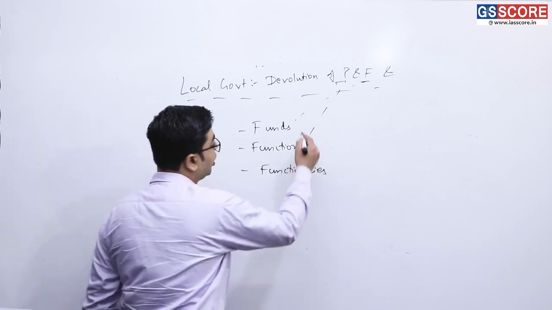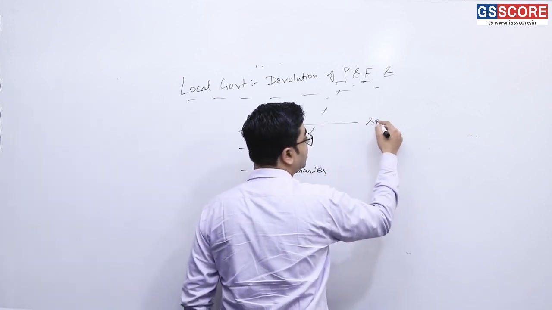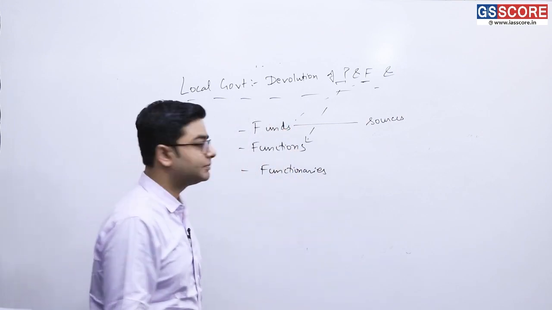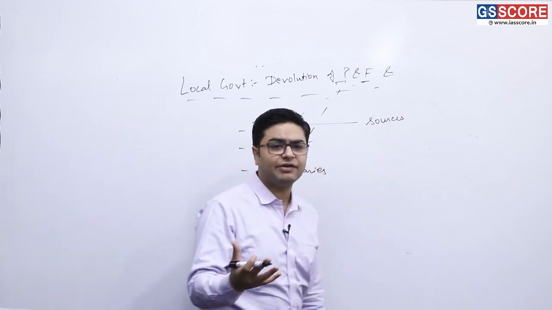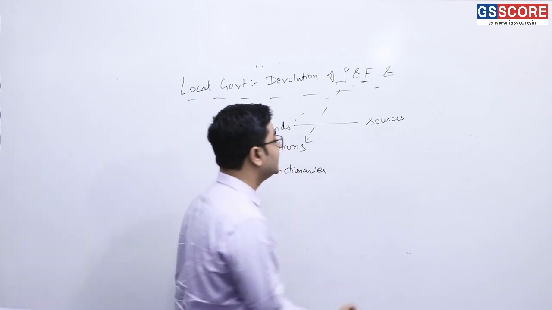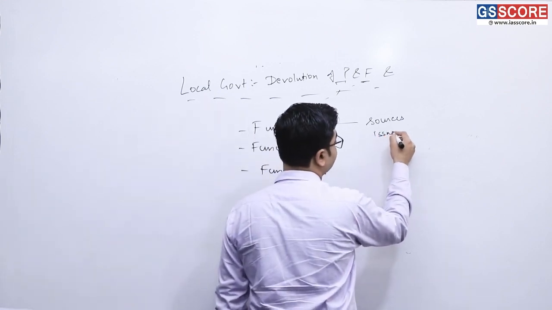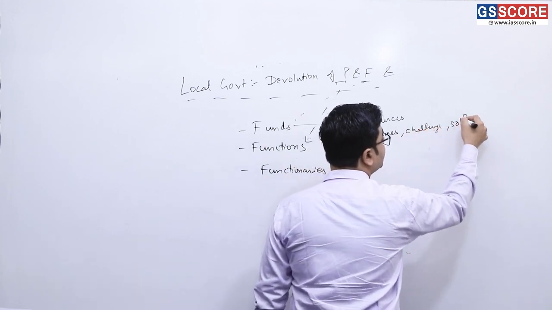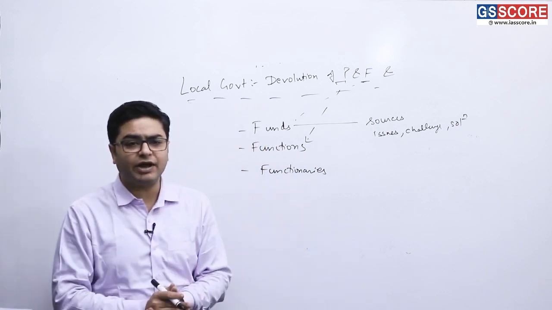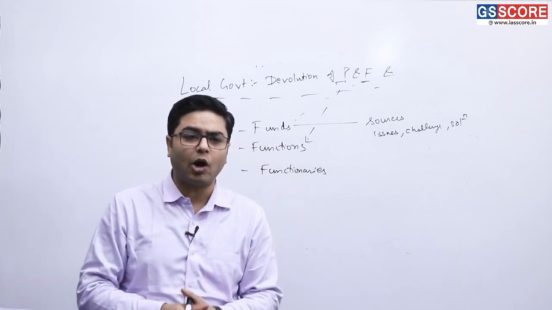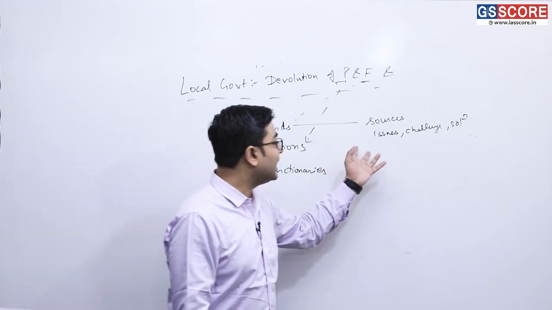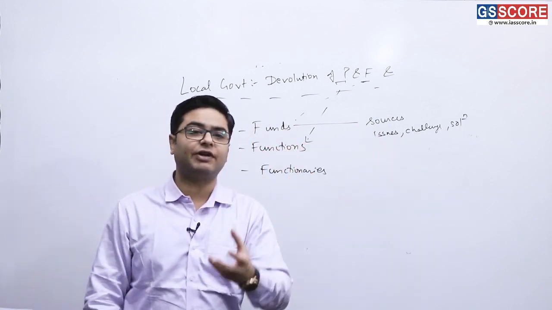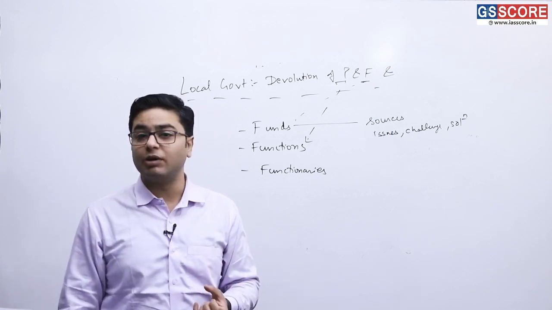Whenever we talk about funds, we have to talk about sources of these funds, like tax revenue, non-tax sources, etc. The issues, challenges, and possible solutions, including innovative ways of financing like municipal bonds, or the challenges of implementation of the funding mechanism or resource mobilization.